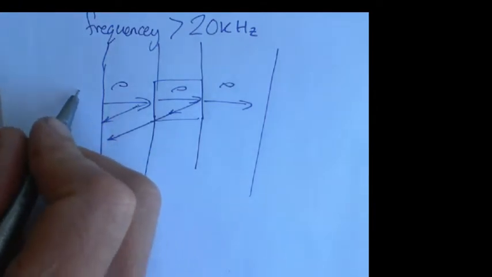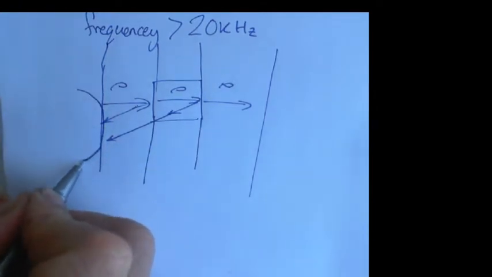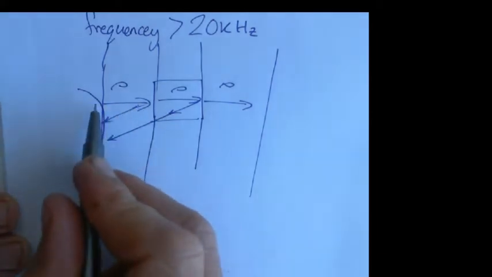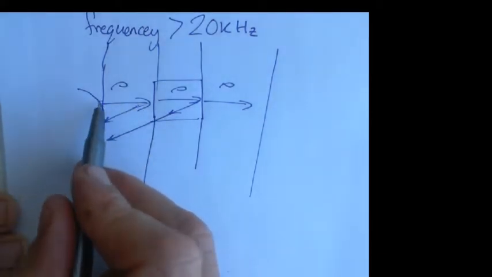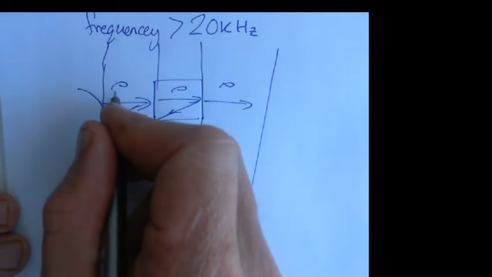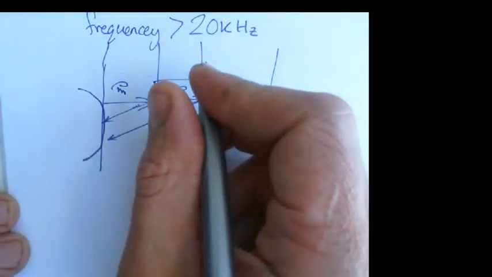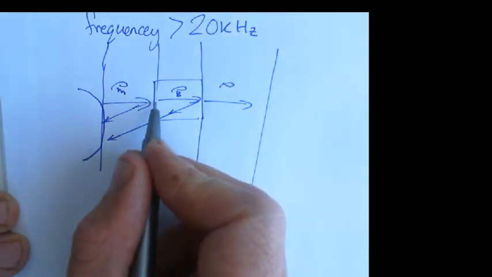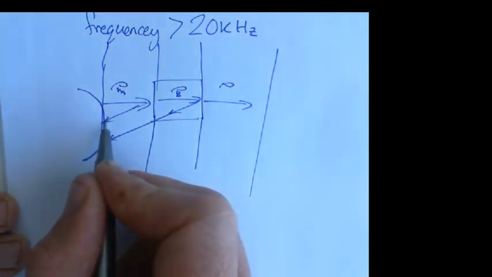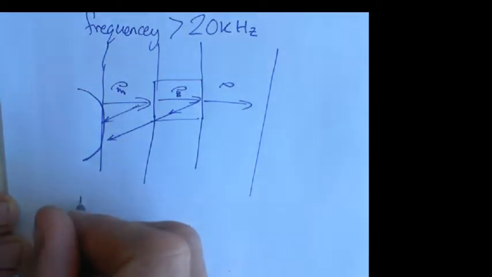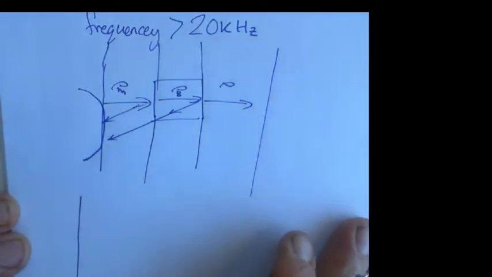You put a sensor here, it emits an ultrasound wave. The ultrasound wave goes through the muscle, so that's the density of muscle. It gets to the bones, that's the density of bone. Some of the ray is reflected at that point and gets back to the sensor there.